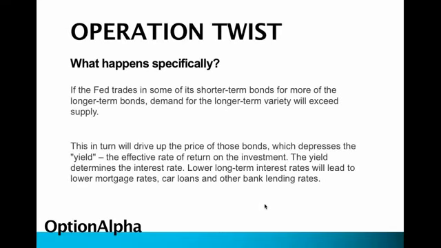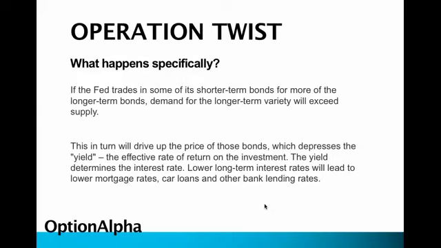If we take a look at specifically what happens, just to get a complete understanding of this: if the Fed trades in some of its shorter term bonds for more of the longer term bonds, then it takes some of those proceeds and buys longer term securities. As the demand for longer term securities goes up, that drives down the yield, or the effective rate of return on the investment. The yield is actually what determines interest rates in the market.